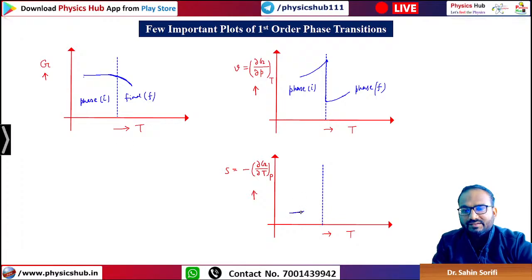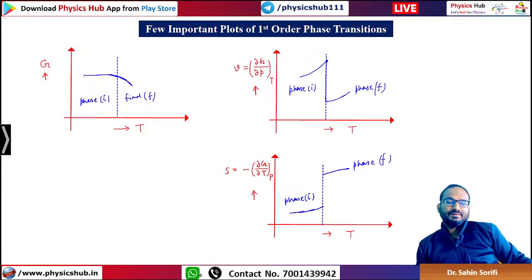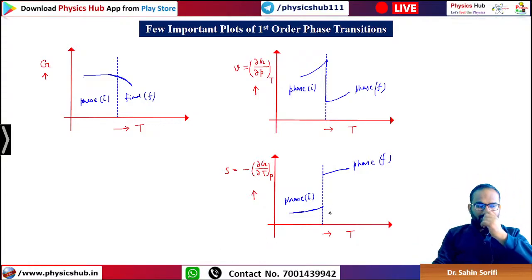Because of the negative sign, the nature will be just opposite of it, like this. This is phase I, this is phase F. This is the plot for entropy.